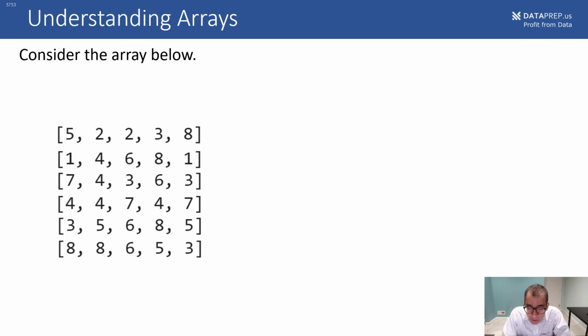But they don't need to stay as 6 arrays. They can all be combined together as one single array. For example, we could put one big square bracket here, another big square bracket here, and all of these little square brackets inside could be part of this one array.